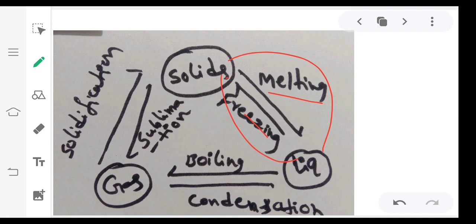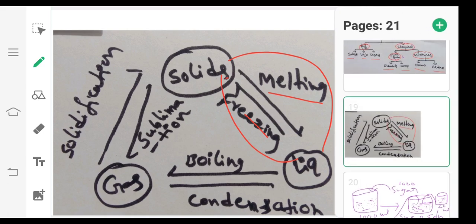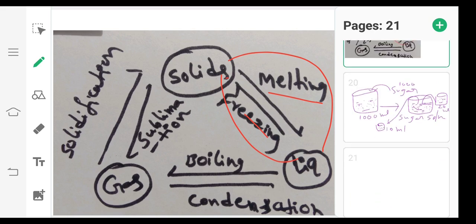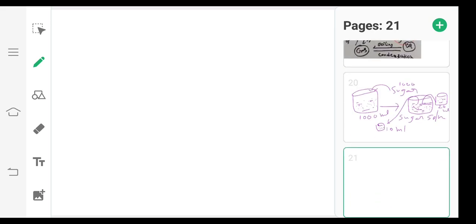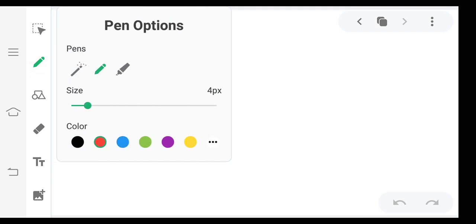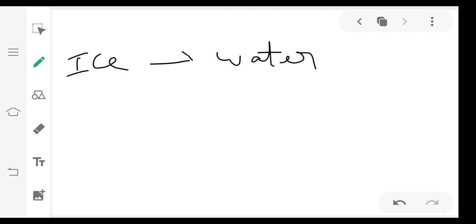So here one important thing: melting point and freezing point. Suppose you take ice and it converts into water. This is possible at 0 degree Celsius.